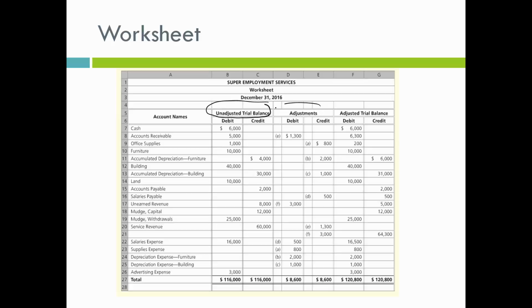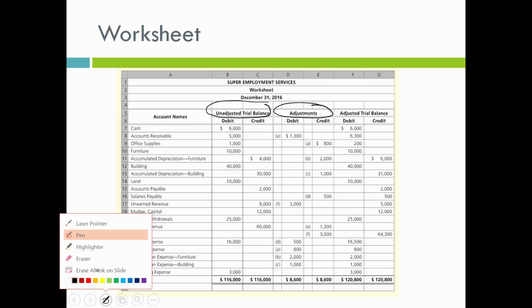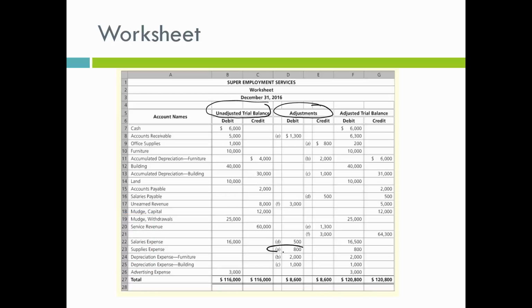Then the next two columns show me the adjustments that I did. And so for each adjustment that I did, I had one debit and one credit, and I'm just transferring those over here. So let's start with this one. You can see them labeled with an A. So here you can see I debited supplies expense, and so I'm guessing the offsetting credit is over here with supplies. So one debit, one credit. I debited supplies expense, I credited office supplies.